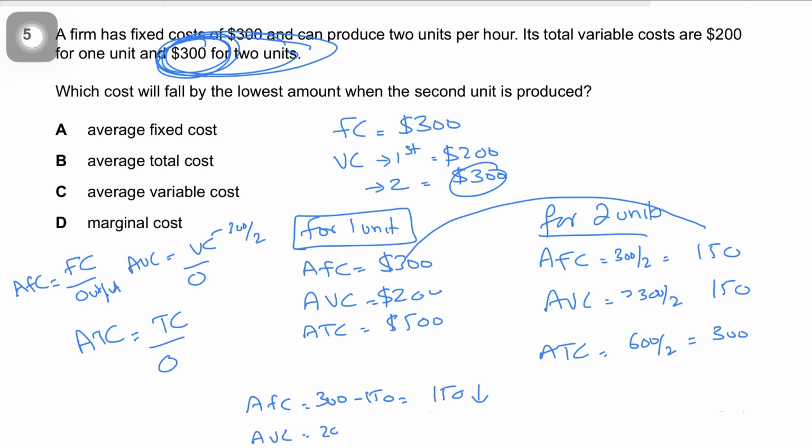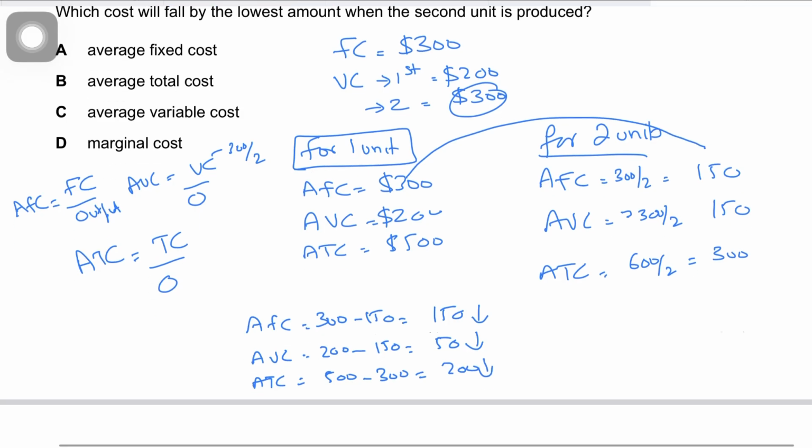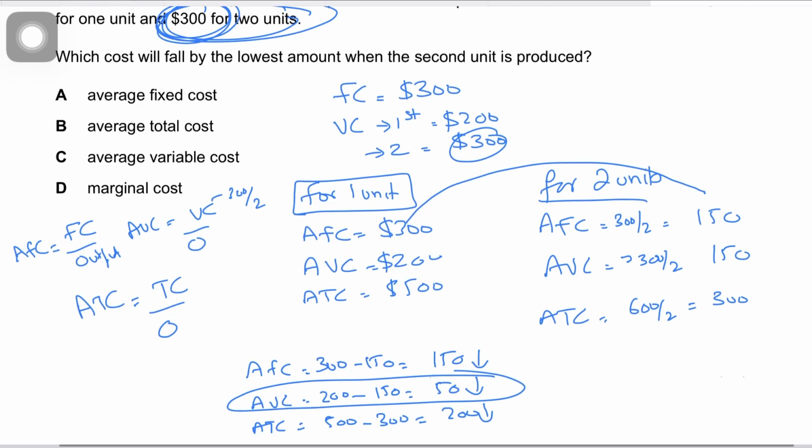AVC fell from 200 to 150, which is a fall of 50. ATC was 500 and it fell to 300, so it fell by 200. So the cost that falls by the lowest amount is AVC. It fell by 50, so C has to be the correct answer. C for Charlie. Average variable cost is the cost that falls by the lowest amount.